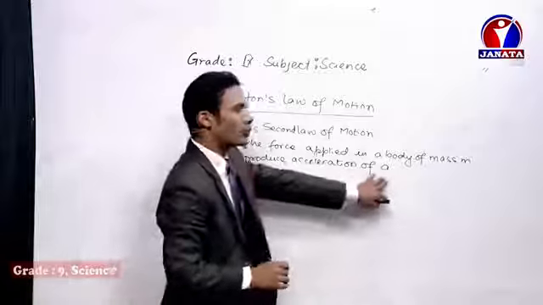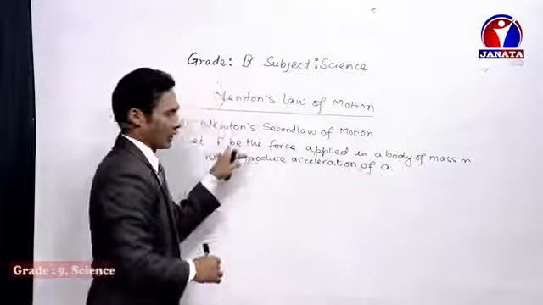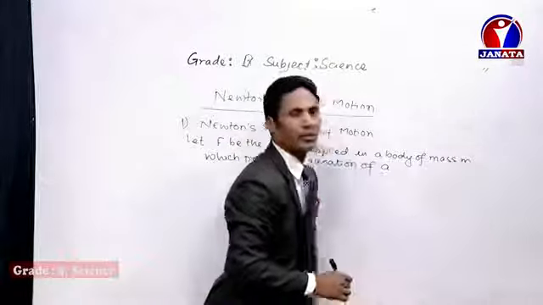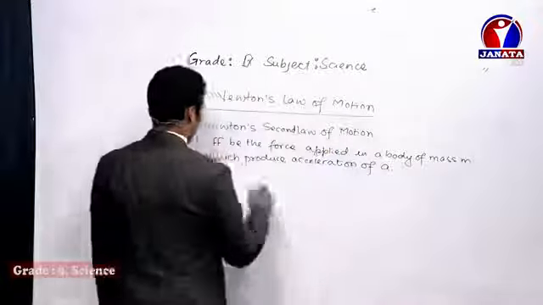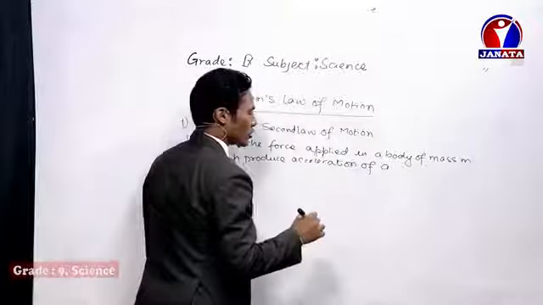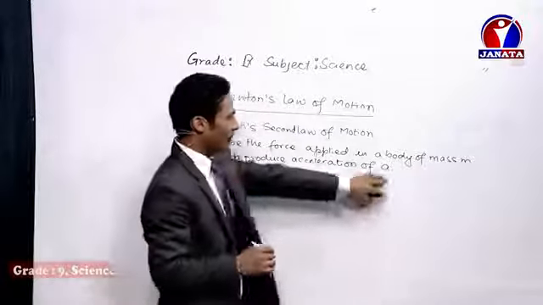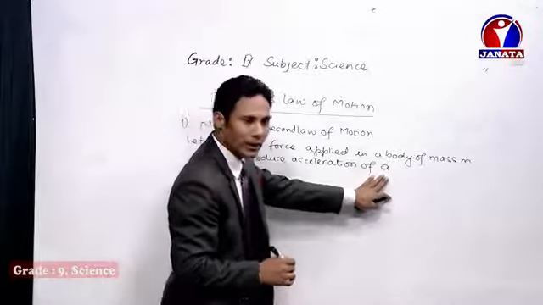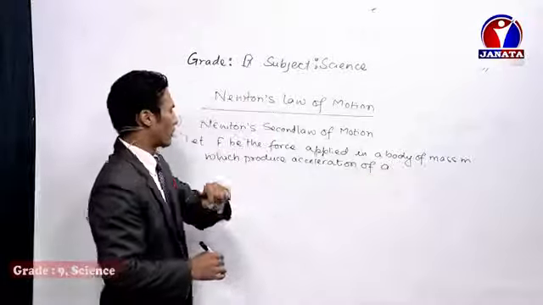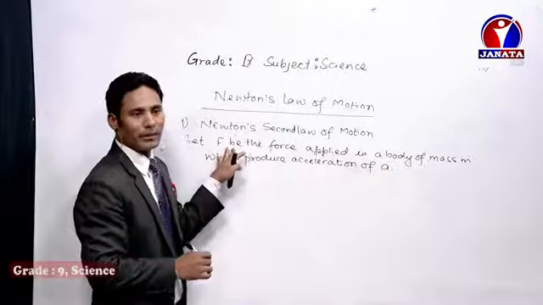It is the acceleration produced when the force F is applied on the object with mass m, right? Now, according to Newton's second law of motion, the acceleration produced in a body is directly proportional to the force applied, right?